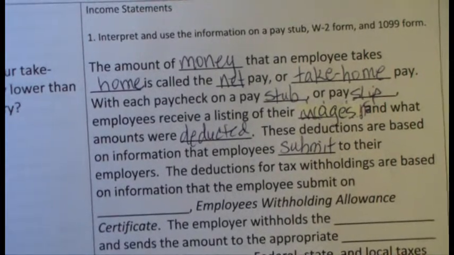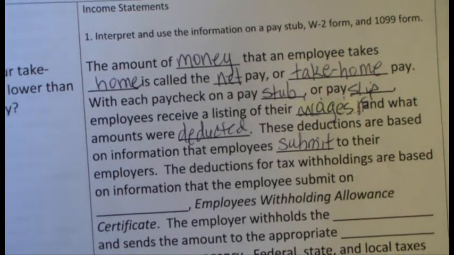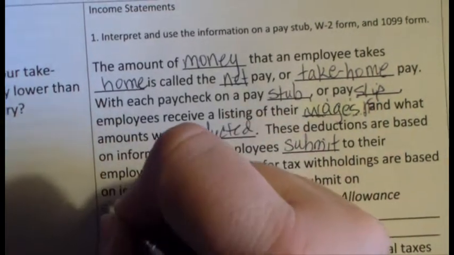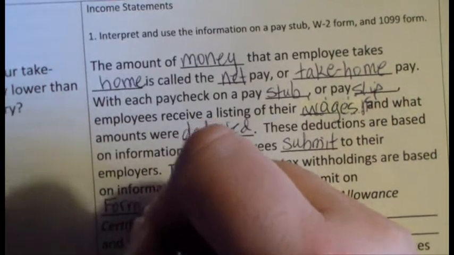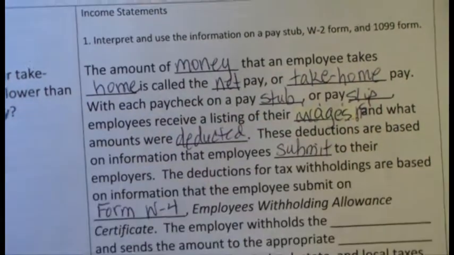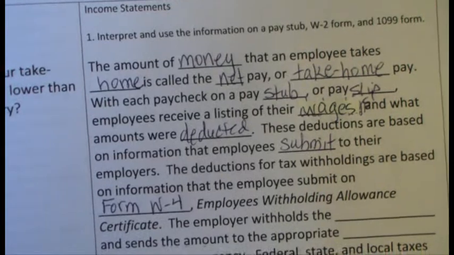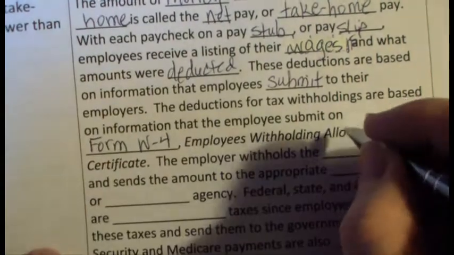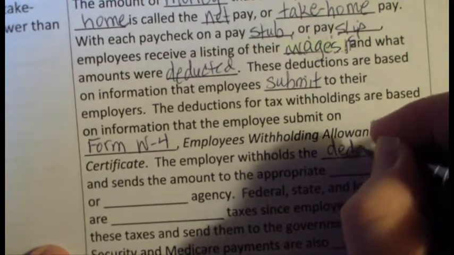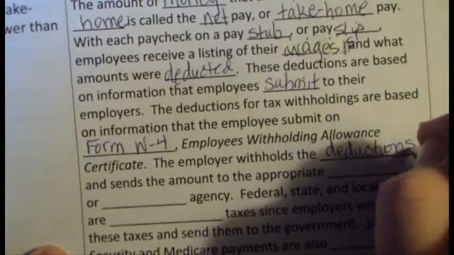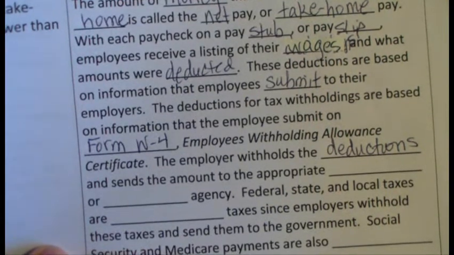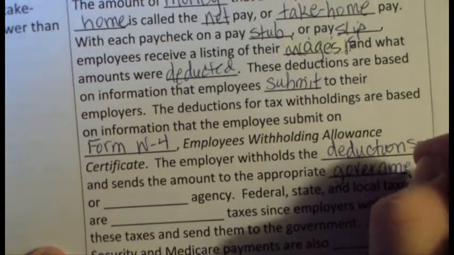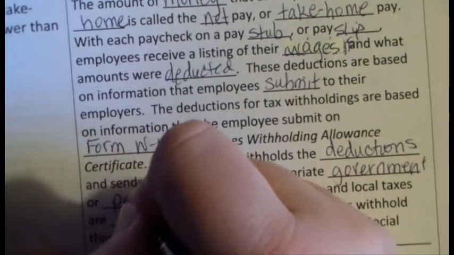The deductions for tax withholdings are based on information that the employees submit on a Form W-4, which is the Employee's Withholding Allowance Certificate. The employer withholds the deductions and sends the amount to the appropriate government or private agency.